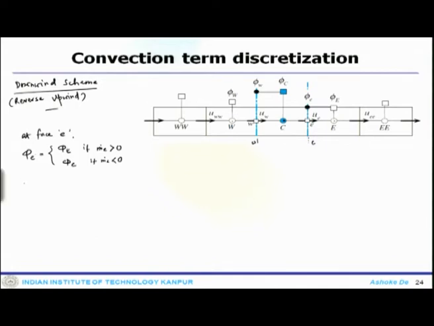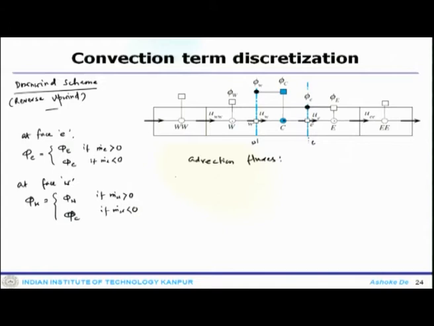Similarly, at face W, phi W equals phi W if m dot W is greater than 0, and it is assigned phi C if m dot W is less than 0. Again, this is flipped compared to the conventional upwind scheme. Now, one can write the advection fluxes.